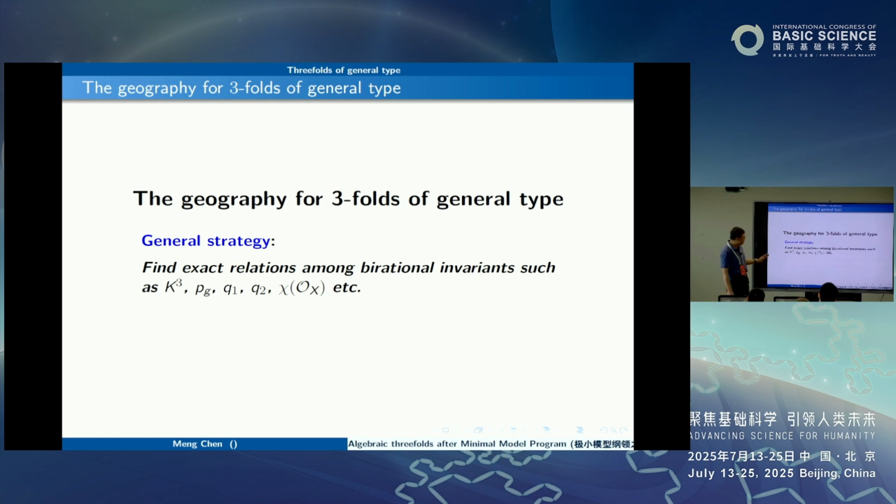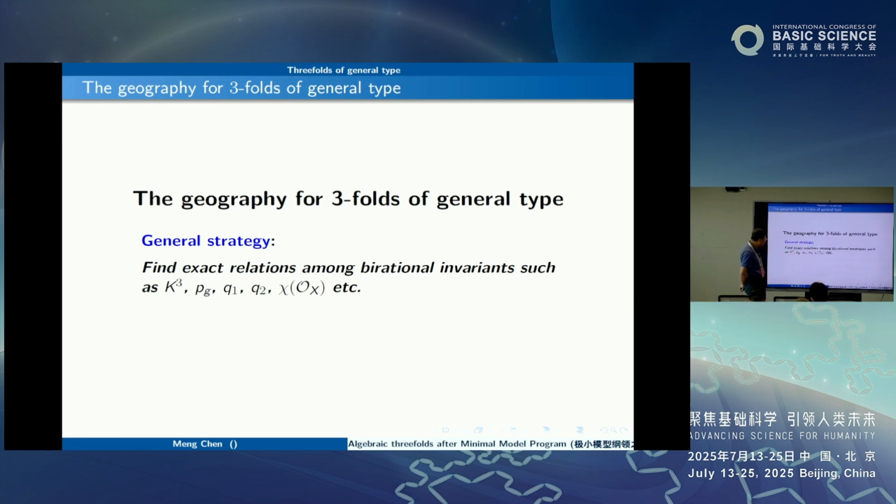For example, from 20 years ago, we started to study the relation between the canonical volume and the geometric genus p_g. Why do we only consider this? Because it seems only possible to study these relations.